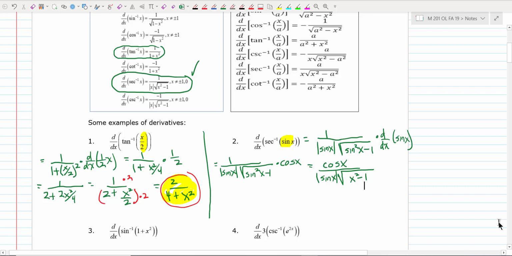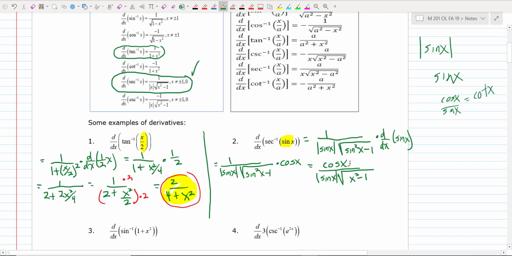Well, the problem is the absolute value of sine x, you can't just take off the symbols and get sine x, because sometimes the sine of x gives a negative answer, sometimes it gives 0, and sometimes it gives 1, so we can't remove that. And for that reason, we really couldn't do cosine x over sine x as a cotangent of x.